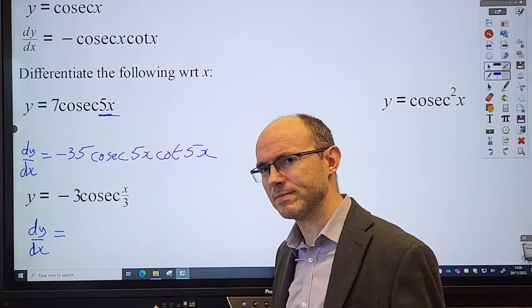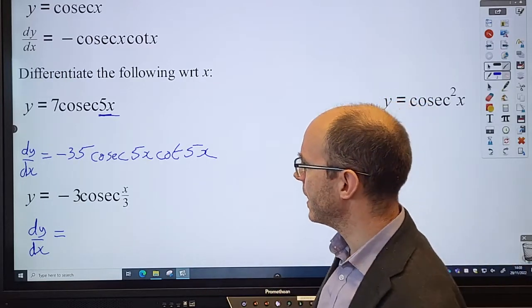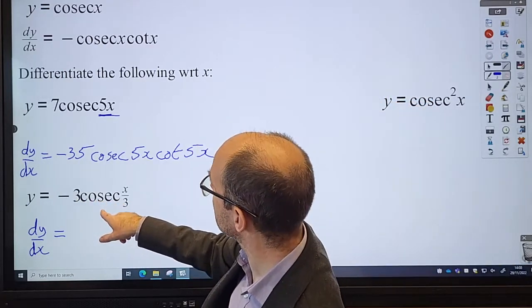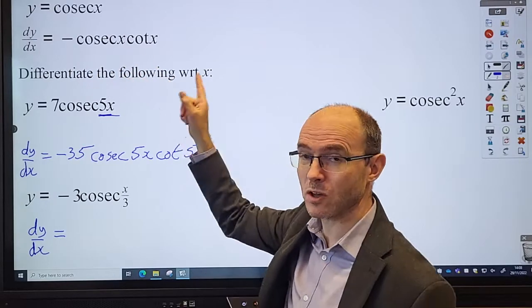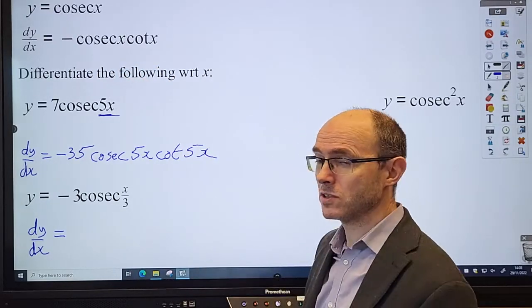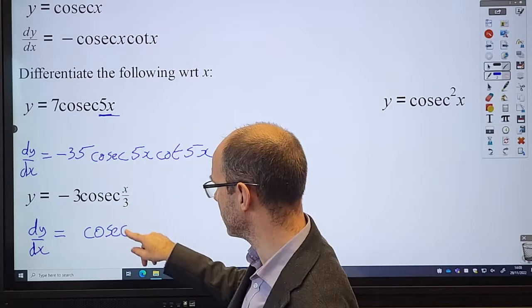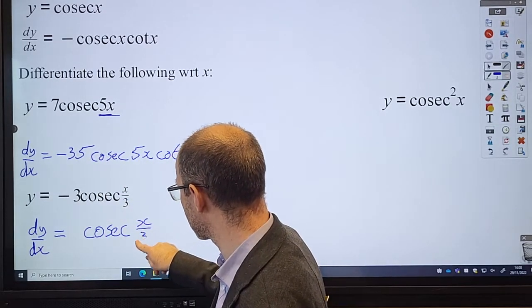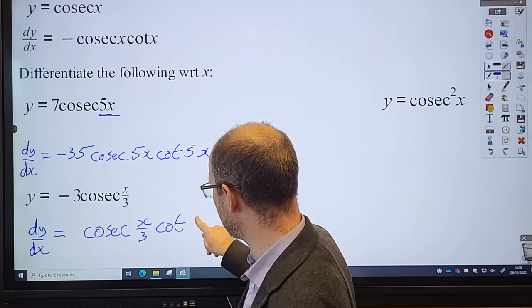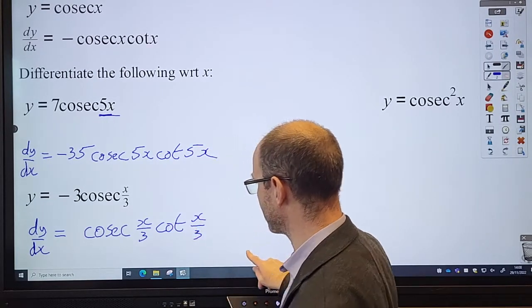It's quite nice, the coefficient is just 1. And you've got negative cosec, differentiate that, you get negative cosec cot, so the negatives will cancel out. So it's just going to be cosec, the angle, x over 3, cot, the angle, x over 3. Happy with that?